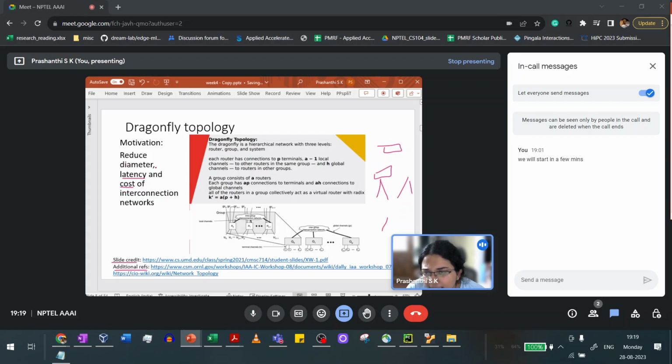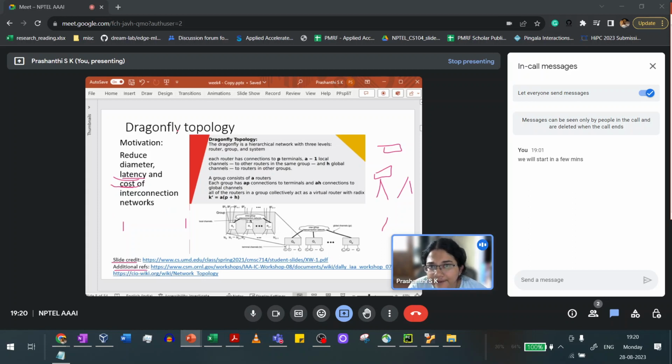And then things like diameter also play a role, and that affects both the latency and the cost, right? How many nodes you have to go through from one node to another, or what is the length of the communication path, things like that are affected by these things. So at a very high level, you want to have a very high performance network while also trying to minimize the cost. This is the motivation.